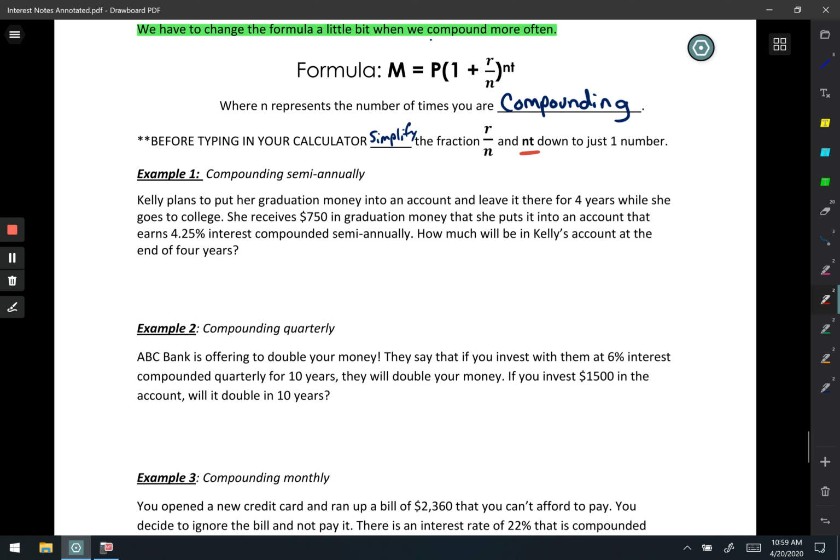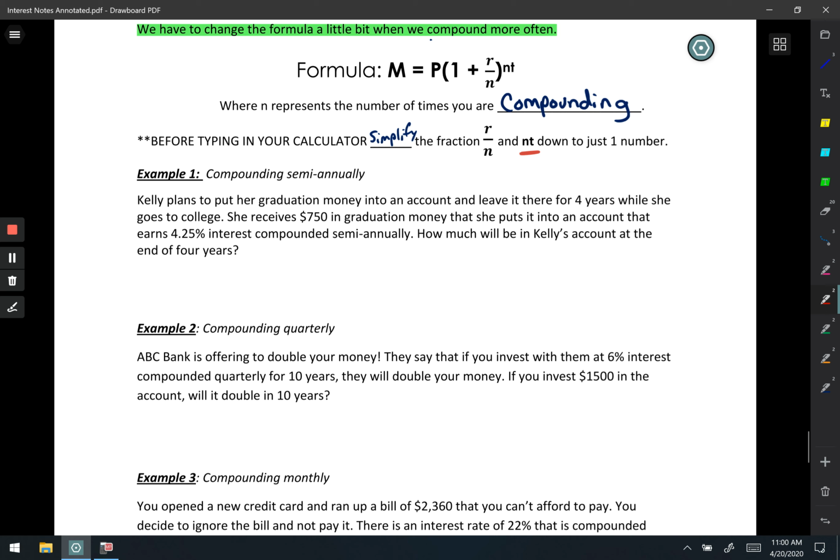So we have example 1 here. Kelly plans to put graduation money into an account and leave it there for 4 years while she goes to college. She receives $150 in graduation money that she puts into an account at 4.25% interest, compounded semi-annually. How much will be in her account at the end of 4 years? So the first thing I do is I go back and I label stuff.